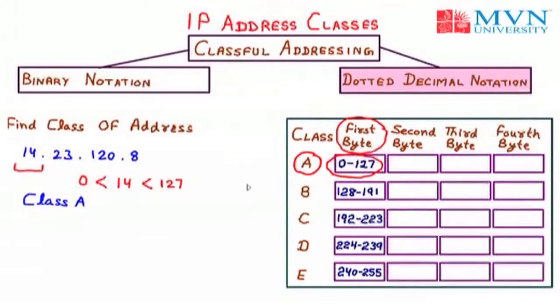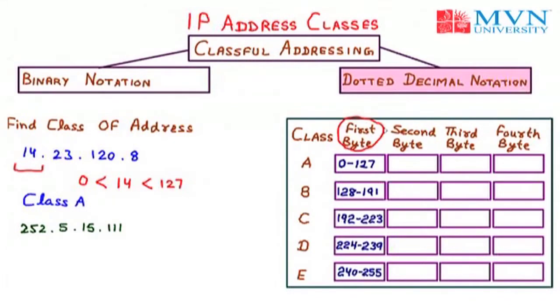Now let's do one more numerical that is based on the dotted decimal notation. That is 252.5.15.111. Now find out the IP address of which class. We will first consider the first byte.